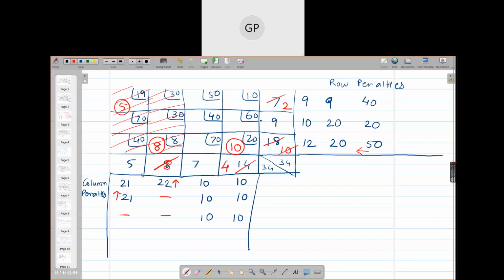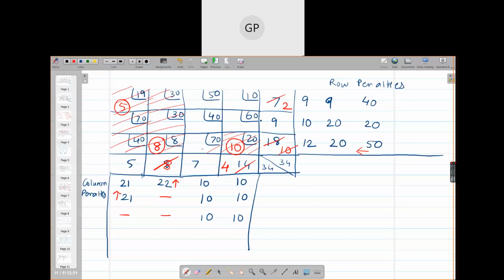Still 4 more units are required here and the availability is over. The supply is exhausted, so you cannot provide any more units from this particular source. So next time I won't be calculating. Okay.